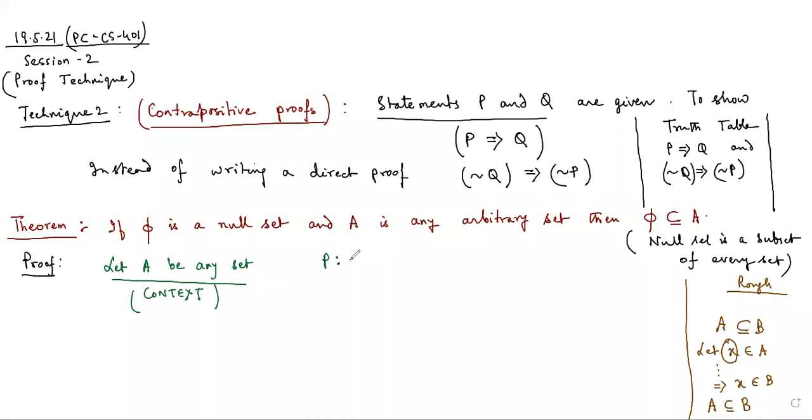Now capital P is: phi is a null set. And capital Q is: phi is a subset of any set. Phi is a subset of capital A, A is arbitrary.